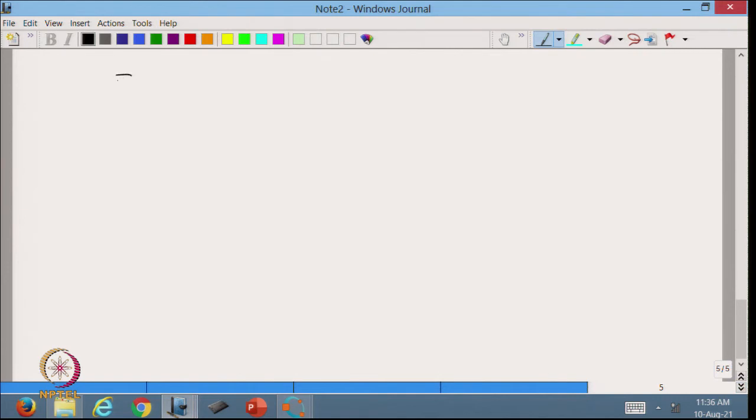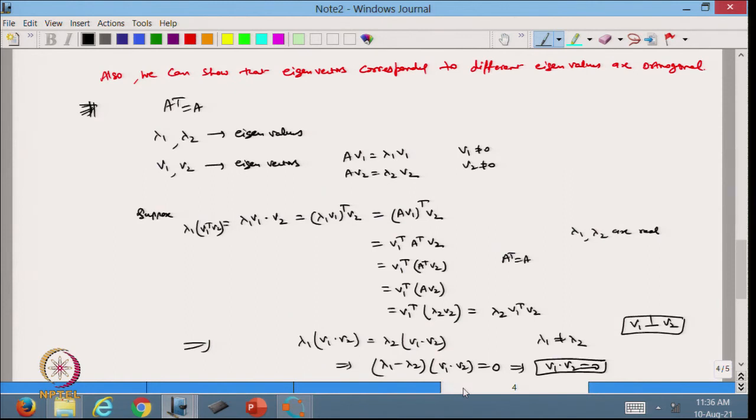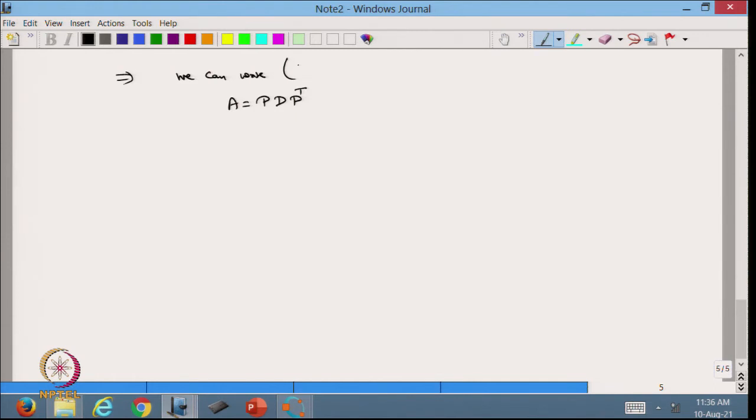So, from here I can say that in that case we can write A as P D P transpose. Now what I do, I write a matrix P made up of eigenvectors, and those eigenvectors are orthogonal to each other.